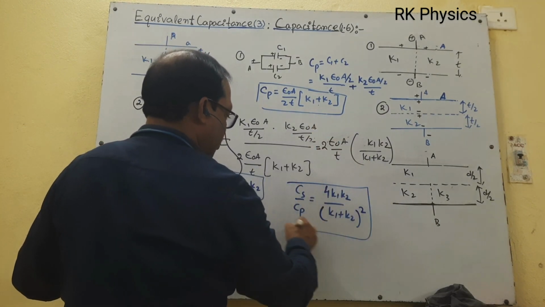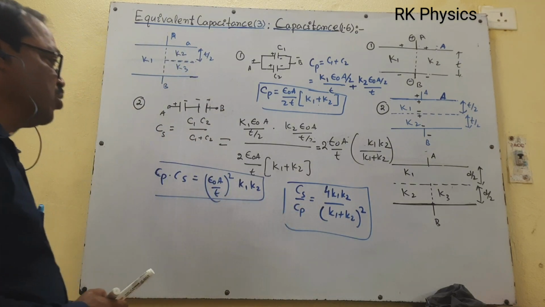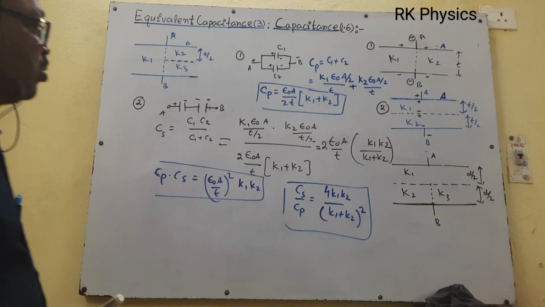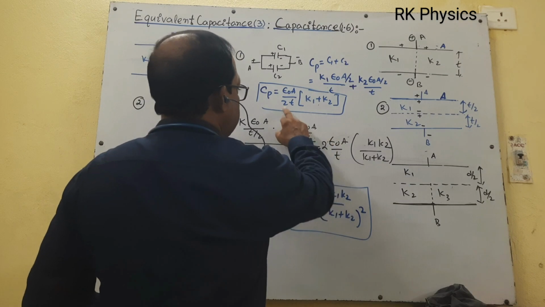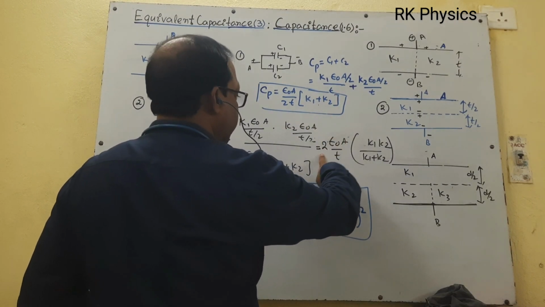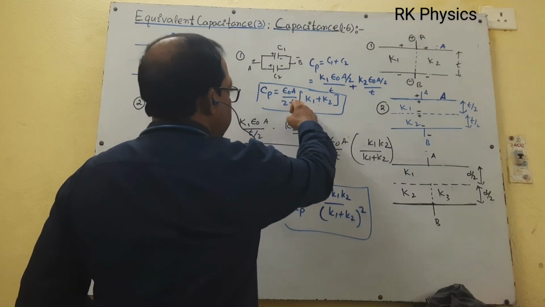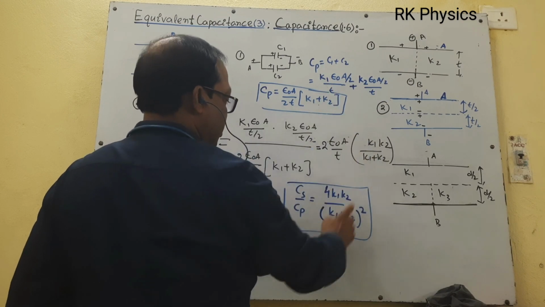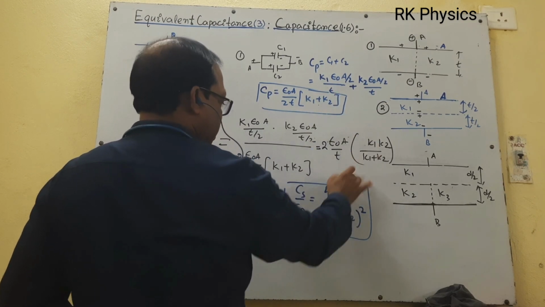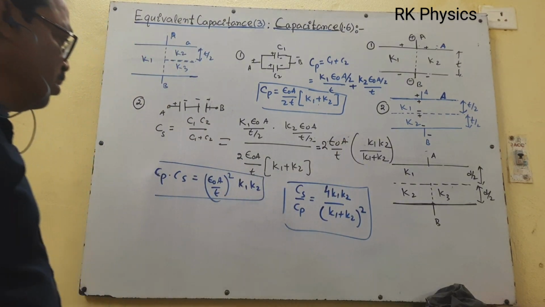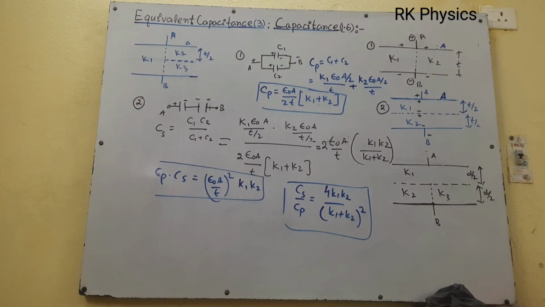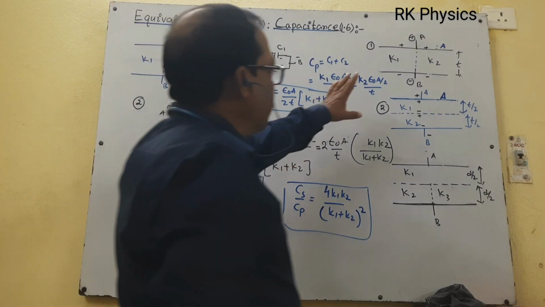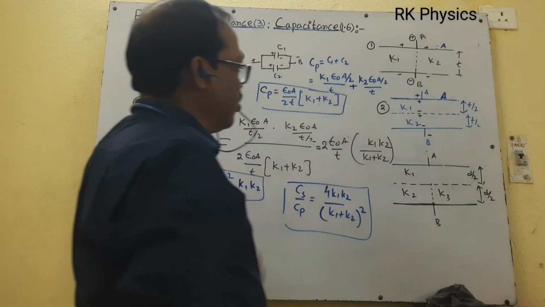So this is your formula. Cs by Cp is 4 k1 k2 over (k1 plus k2) square. The 2 comes to the opposite side, 2 cancels, 4 epsilon 0 A by t cancels; k1 plus k2 square is in the denominator, k1 k2 is in the numerator. These are the values. So with this much combination you can find this.